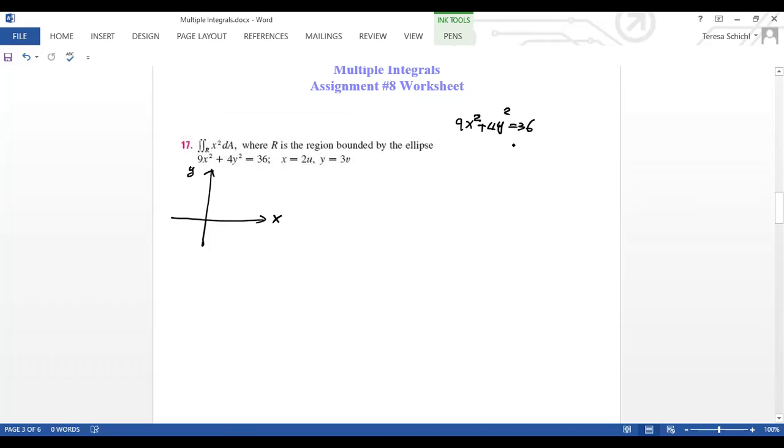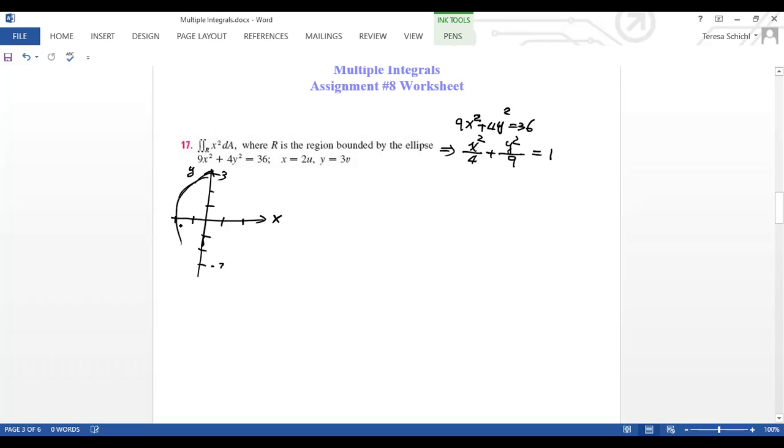Let me change it to the standard form for the ellipse by dividing by 36. So this is x squared over 4 plus y squared over 9 equal to 1. So the x region touches at 2 and -2, and y touches at 3 and -3. So this is my ellipse here.